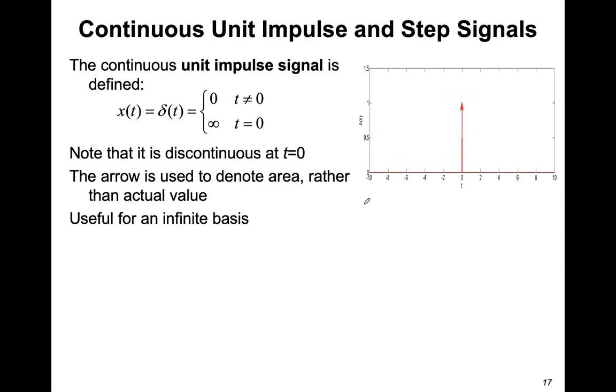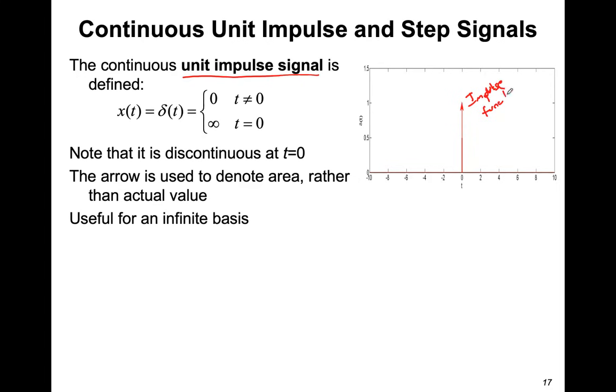So let's move further. If we talk about the Dirac delta function or unit impulse, we also call it unit impulse signal. Okay, this is unit impulse signal, impulse function.